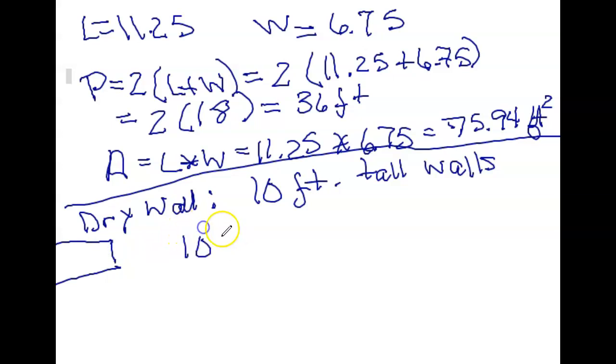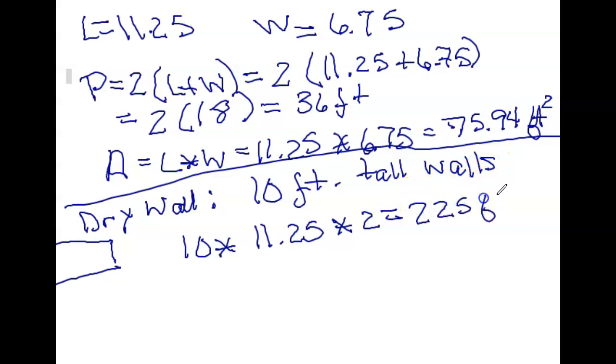So first I need the 10 times 11.25 and then times 2. So again, I have 2 long walls that I'm going to find the measurements for to figure out the drywall, which is 225 square feet in drywall for those.